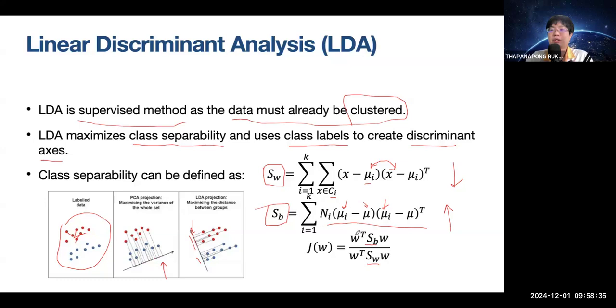So, and then our W here is our data in lower dimensional space. So we learn the data directly, right? So this is the objective function.